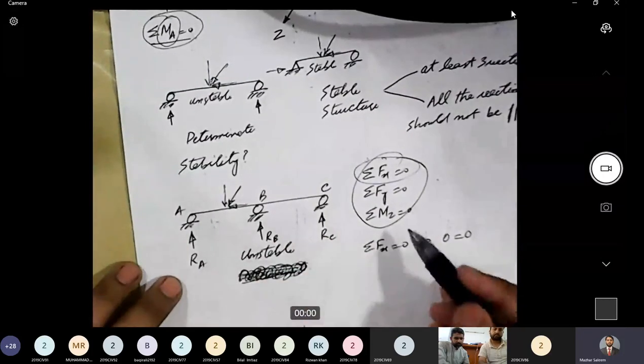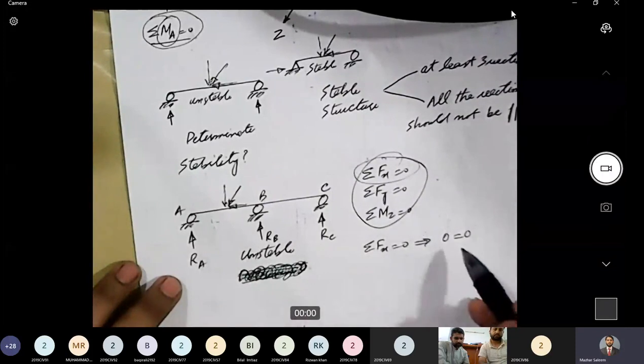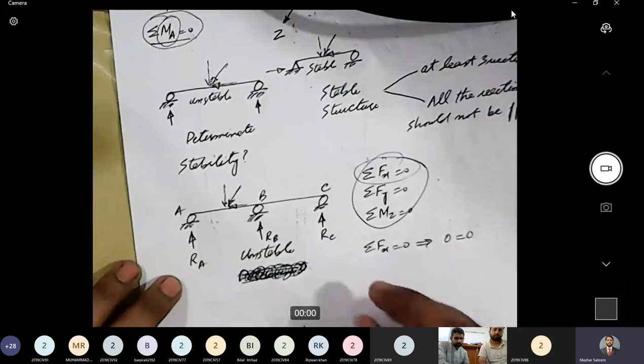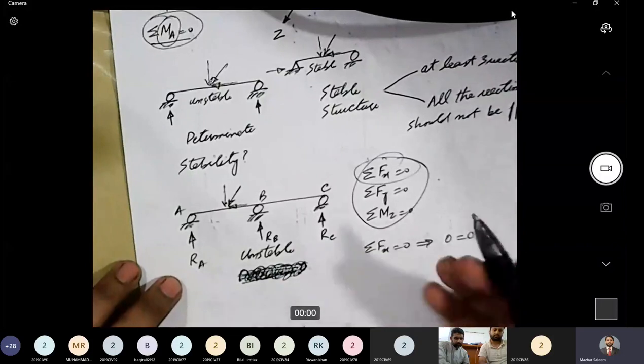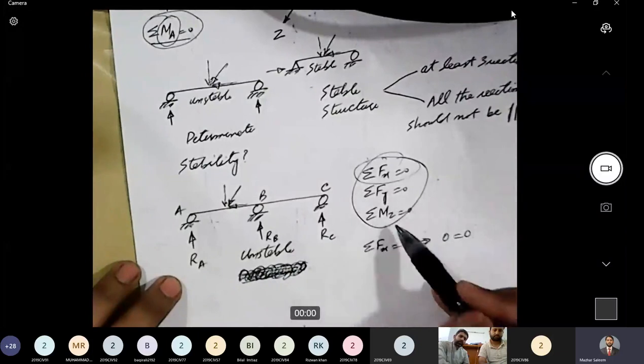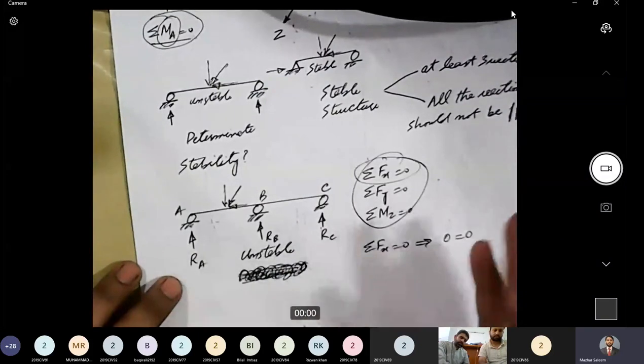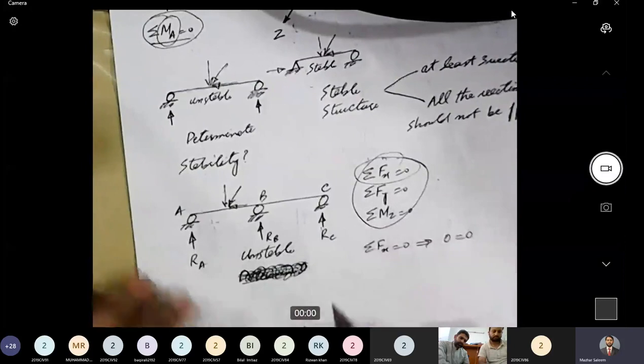So this will not help me in analyzing the system, and ultimately I will just end up with two conditions of equilibrium and three unknowns. That will make the system an indeterminate system. That's why I said this is indeterminate.